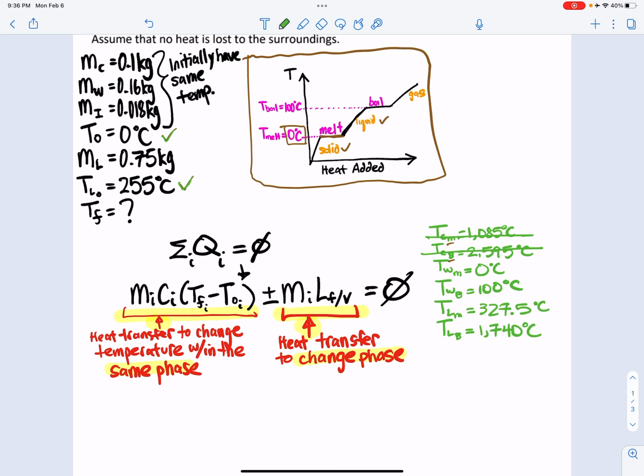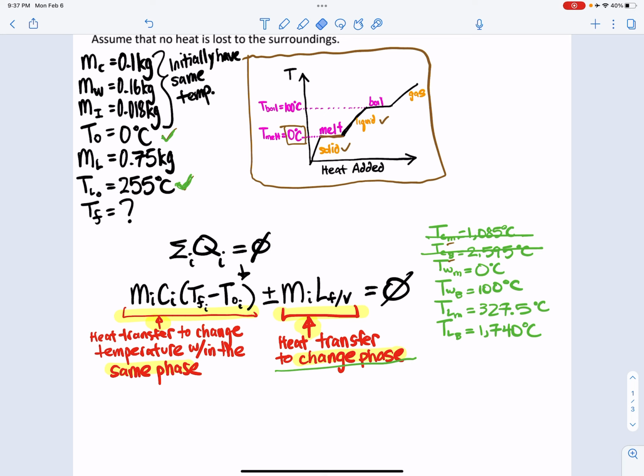Okay. For ice, or for water, the melting point is 0 degrees Celsius, and the boiling point is 100 degrees Celsius. So I'm going to assume my ice is going to melt because we introduced the lead at 255 degrees Celsius and initially our system was at 0 degrees Celsius. So I'm going to assume ice will need this equation for heat transfer necessary to change phase.